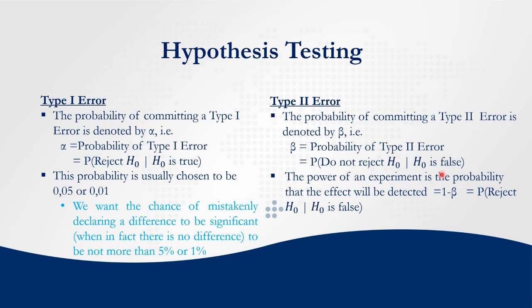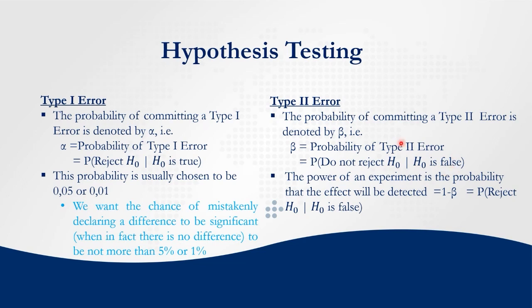In using the sample, which is our evidence, we can commit a type 2 error, which is that we don't reject the null hypothesis when it is false. When the null hypothesis is false, we want to reject it. When we don't reject it when it's false, we are committing a type 2 error.